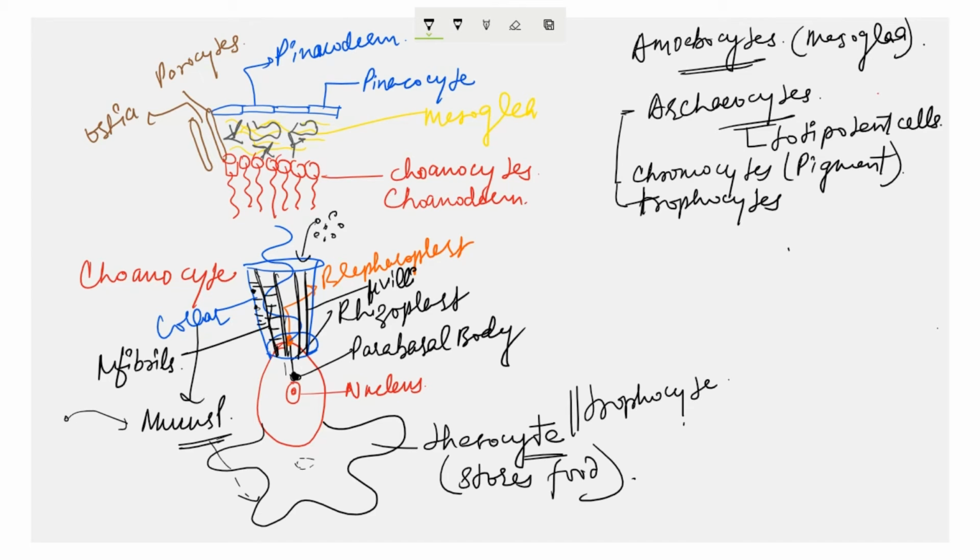Trophocytes also break down the food and give energy to the sponge. Then we have thesocyte. It stores the food particle. And then we have colonocyte, which secretes the collagen fiber to give strength to the sponge body.